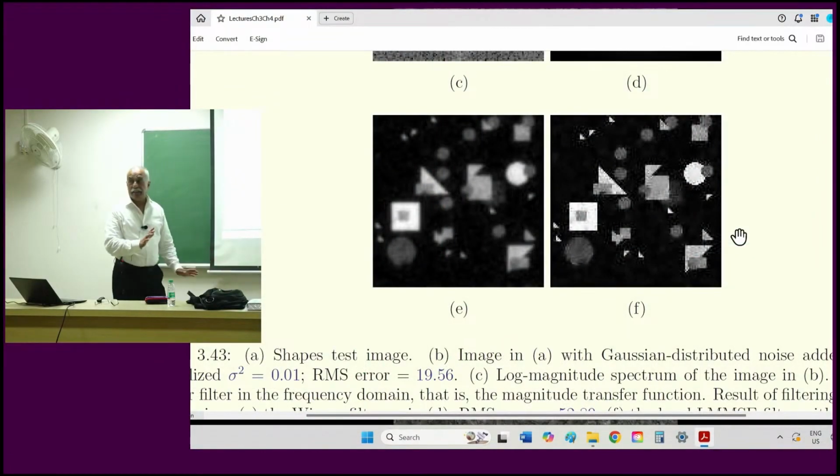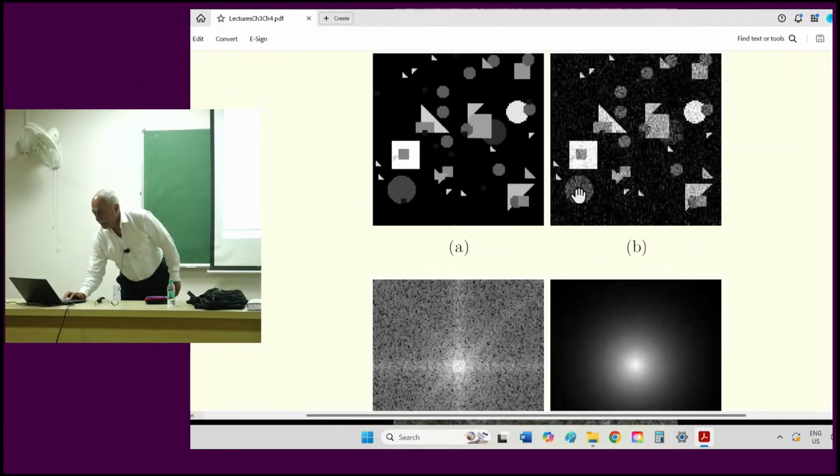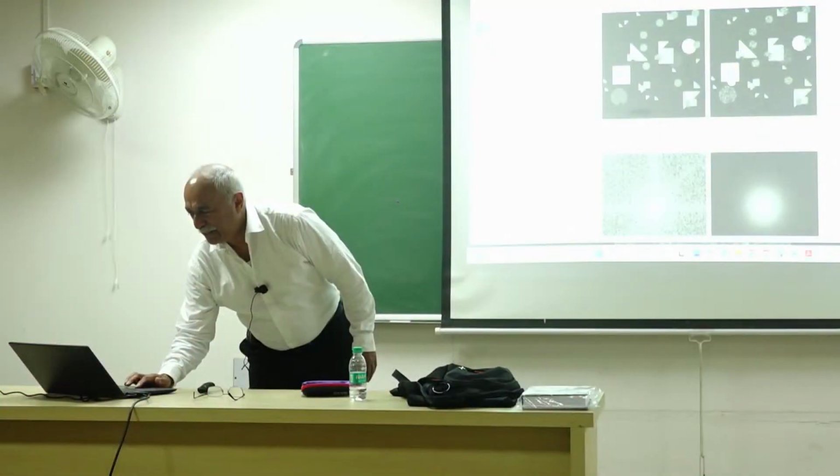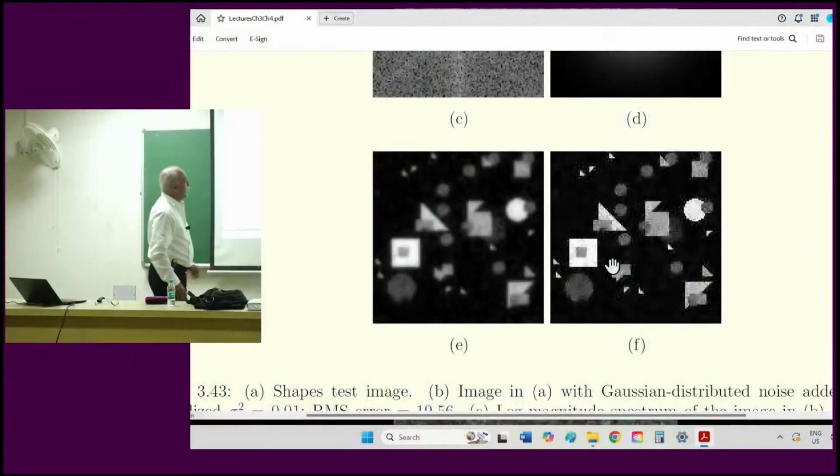So there's a big difference. Sharp edges are maintained. There is some smoothing compared to noise here and noise inside the white big square or that triangle. A little smoother. Edges are sharp, but there are still some noise samples remaining.